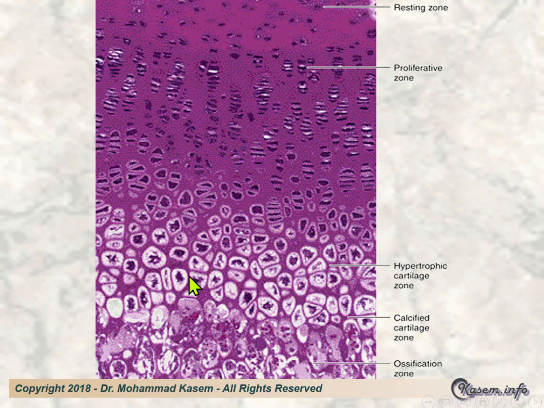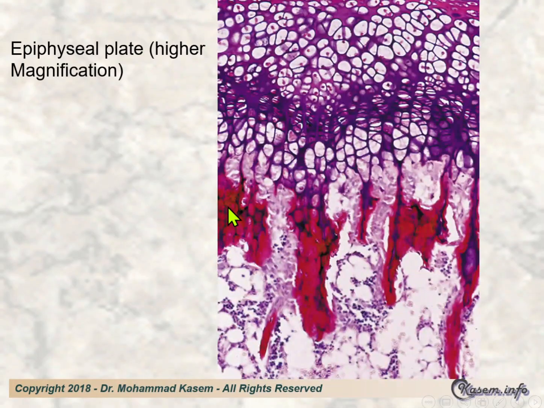At this point, the osteoblasts will replace these dead cells and start forming the bone tissue. The bone tissue finally will be formed here in the form of regular bone or spongy bone, which later on will be remodeled and transformed into compact bone.